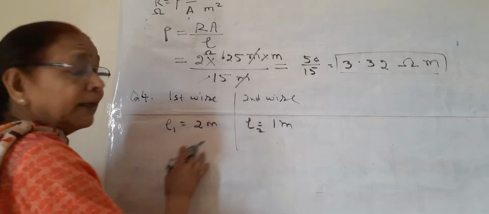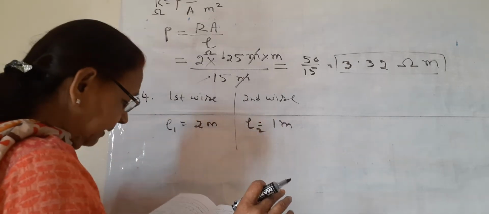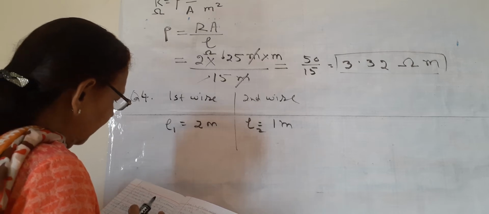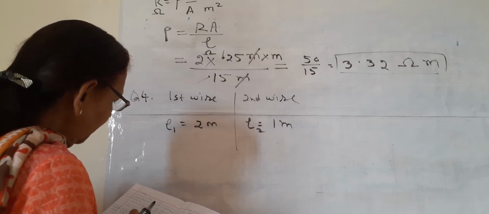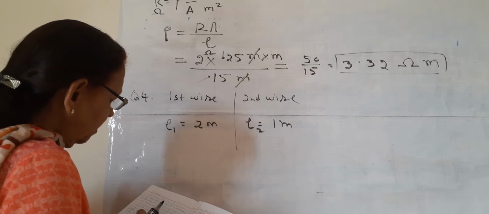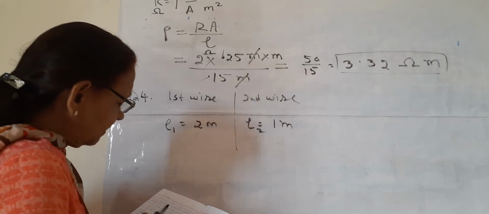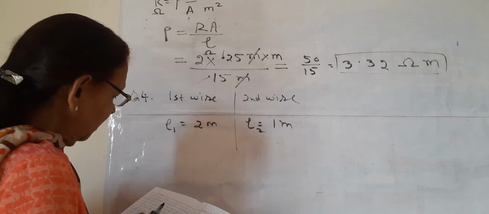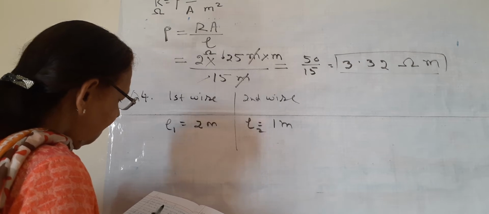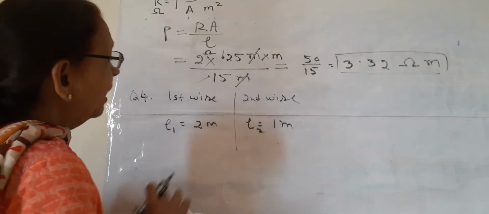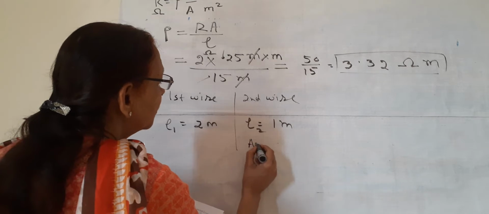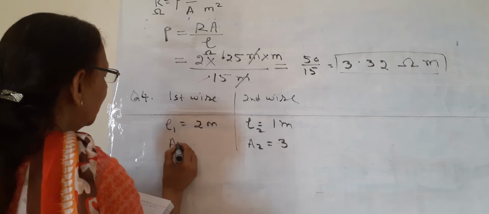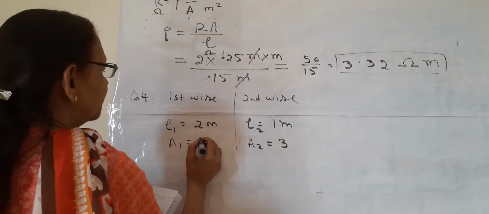So L1 is double of the second wire, and what is given is that the area of cross section of the second wire is thrice the area of cross section of first wire.